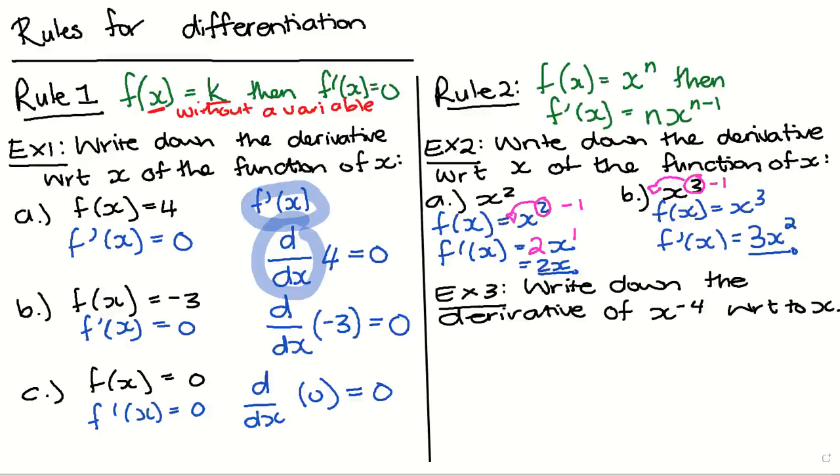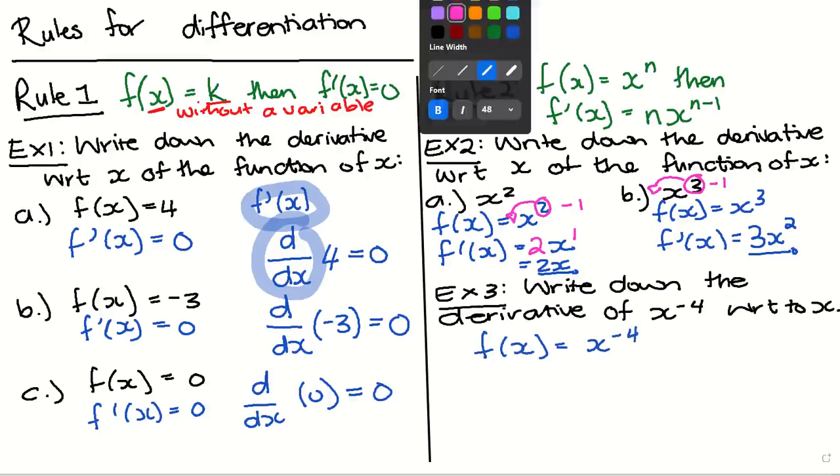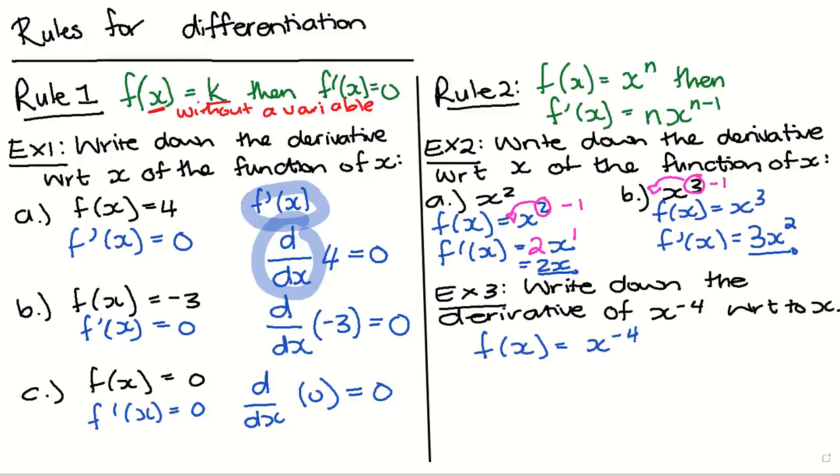We do the same thing. We end up writing f(x) is equal to x to the minus 4. Let's draw it out. We take that, we multiply it in front, and then we minus 1 from that.